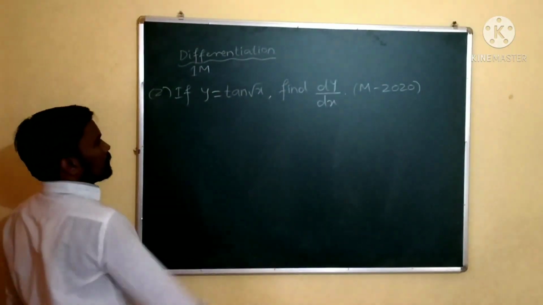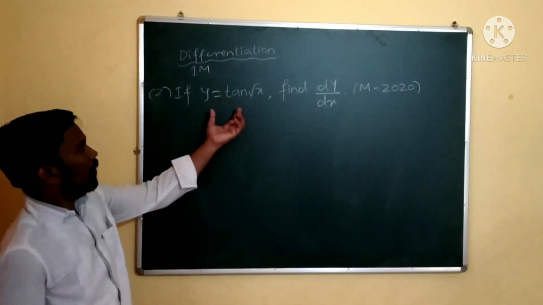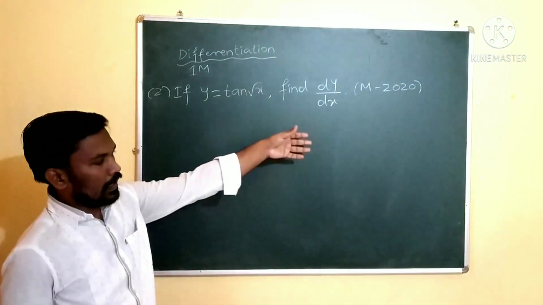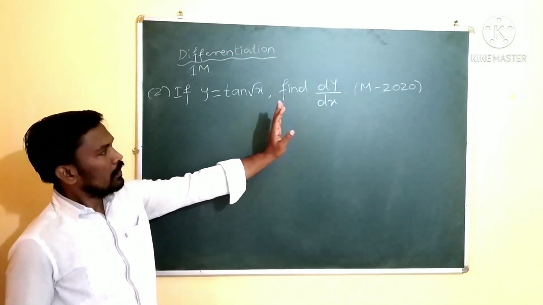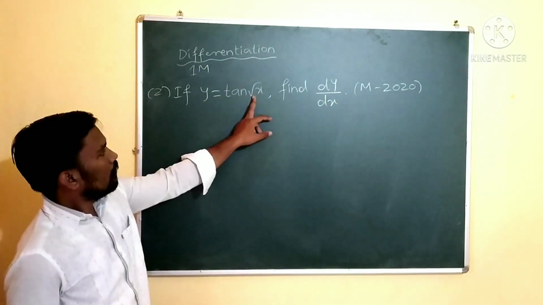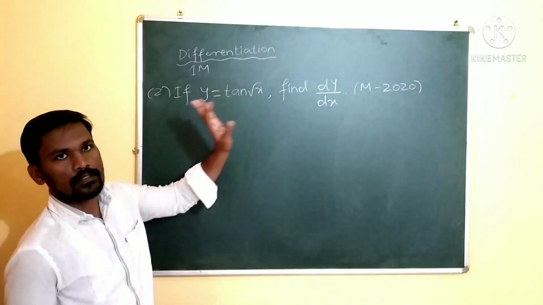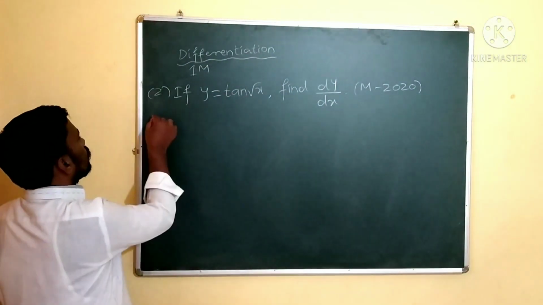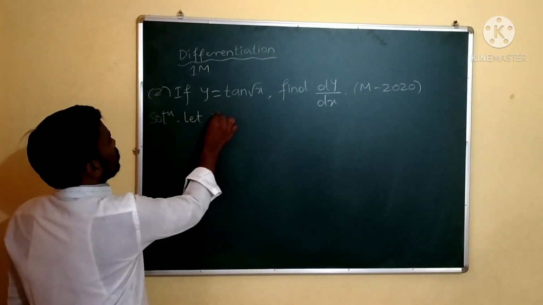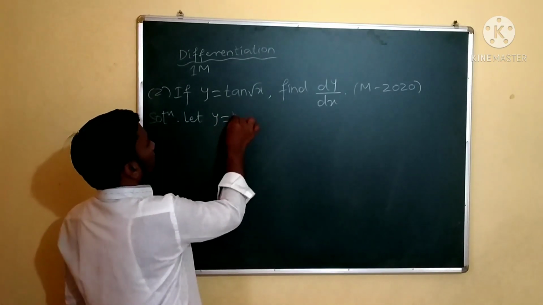Again, tan of root x is a composite function, a combination of two functions, tan x and root x. Tan x is a standard function, and the derivative of tan x is secant square x. So tan of root x is a composite function, which is why I apply the chain rule. Solution: let y is equal to tan of root x.